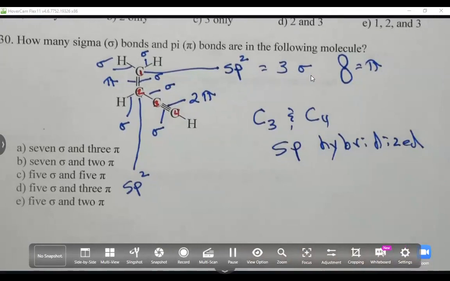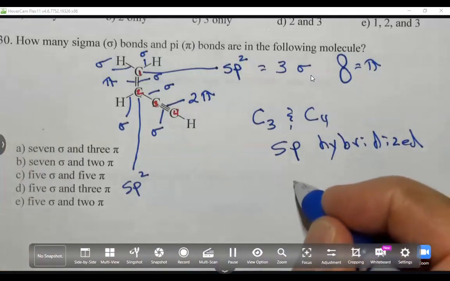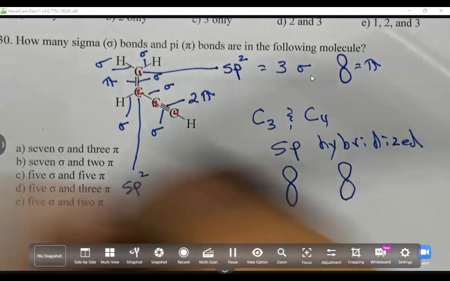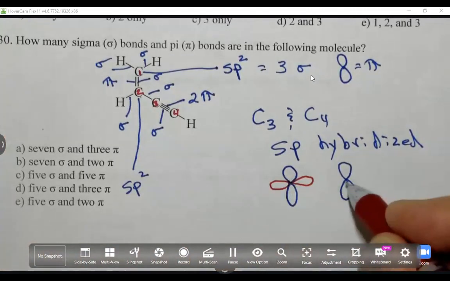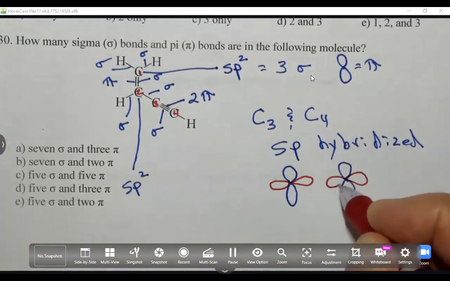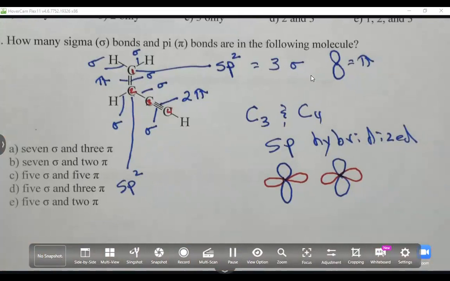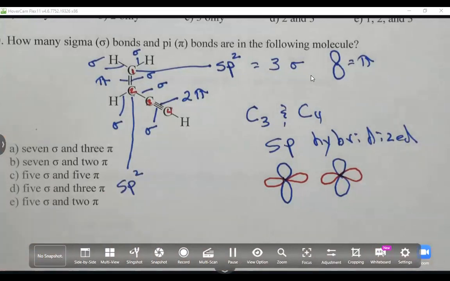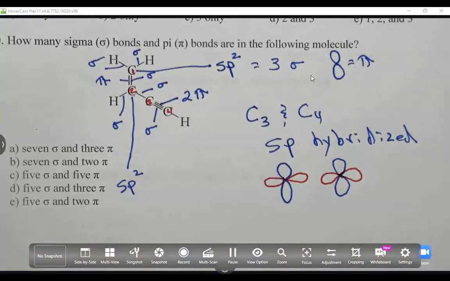How do you know? Each of those has to have 2 regular p's left over that are parallel. So each of these carbons does 2 sigmas and 2 pi's.